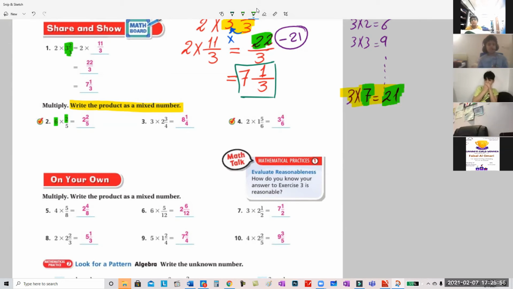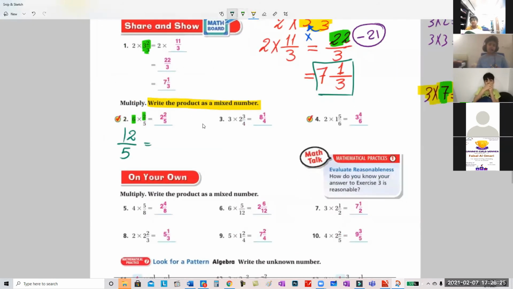6 multiplied by 2 equals 12 over 5. Now we look in the multiplication table of 5 for the nearest number to 12. It's 10, 5 multiplied by 2, because that's the closest number to 12.